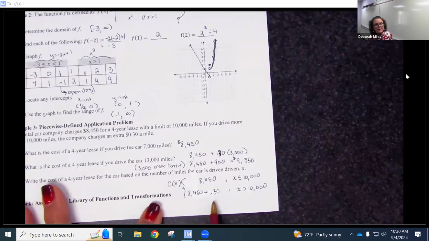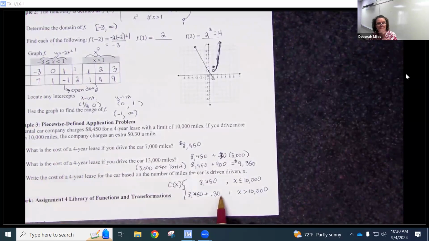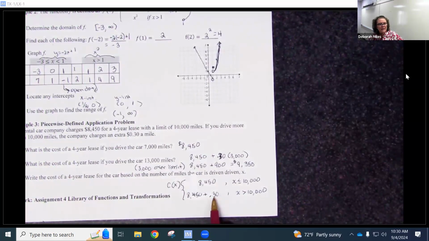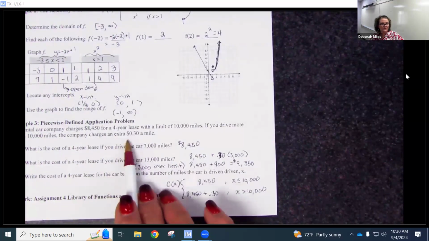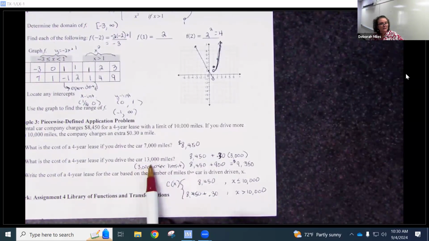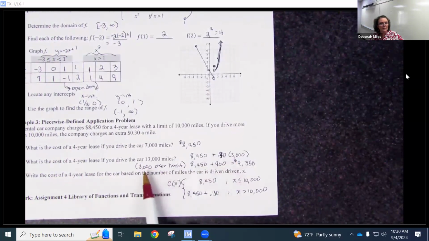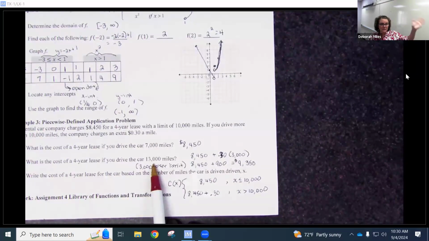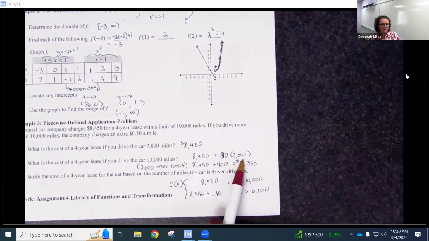Is that just 0.30 times x, 0.30 times however many miles you drove? No. You only pay that 30 cents a mile on the miles over 10,000. When we drove 13,000, how did we find this 3,000? Well, how many miles above 10,000 is 13,000? Subtract. 13,000 minus 10,000 is how we got this 3,000.